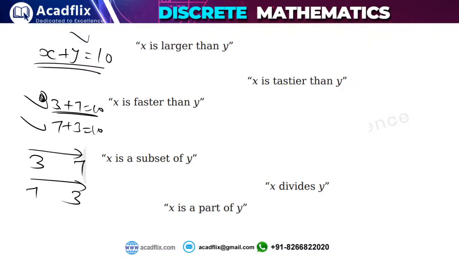Are you getting my point? If I define the relation x plus y equal to 10, then this relation is not an order relation, because you can see 3 comma 7 and 7 comma 3 do not have any ordering. 3 relates to 7 and 7 also relates to 3.